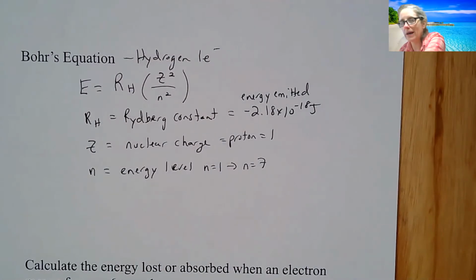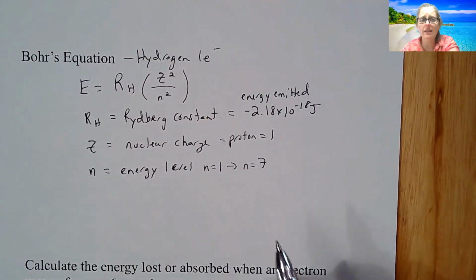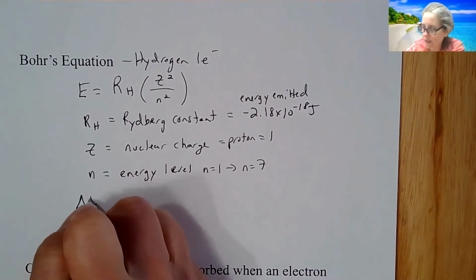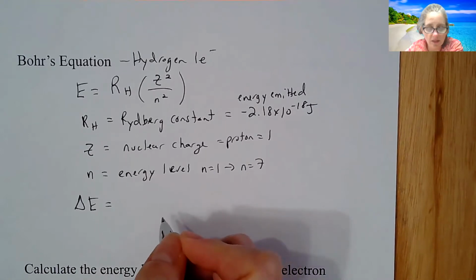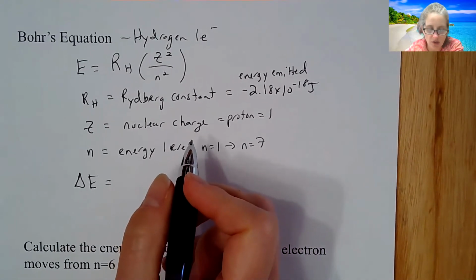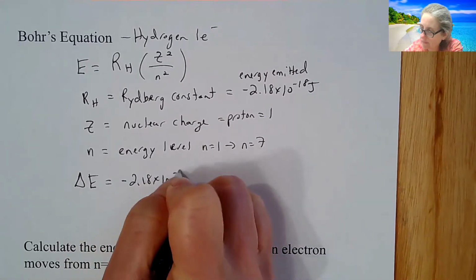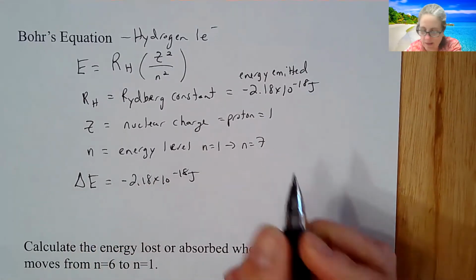But what we care about is when the light comes out, what is that energy of light? So what we're going to focus on is this equation here. It's going to be the change in energy. So it's going to be negative 2.18 times 10 to the negative 18th joule. That's going to be your constant.